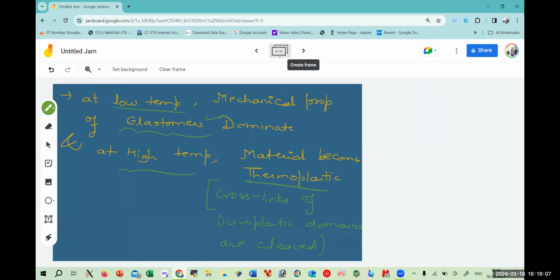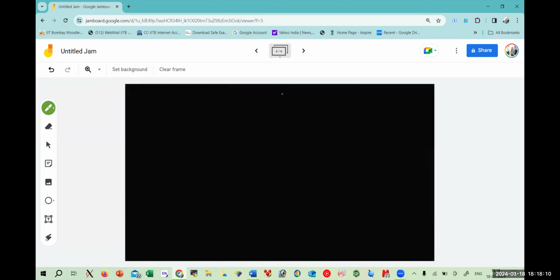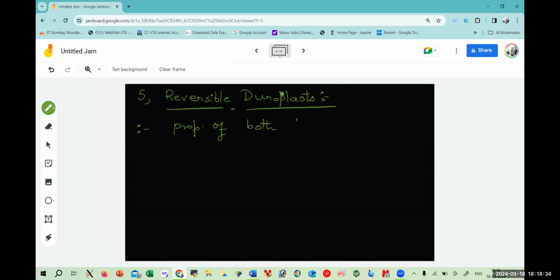Now the fifth type is reversible duroplast. As their name suggests, they will have properties of both duroplastic and thermoplastic.